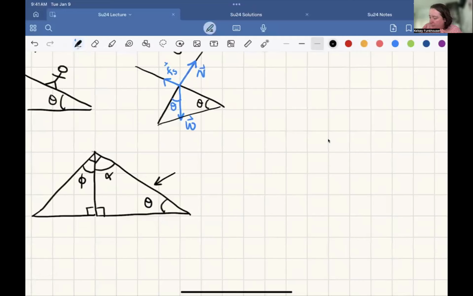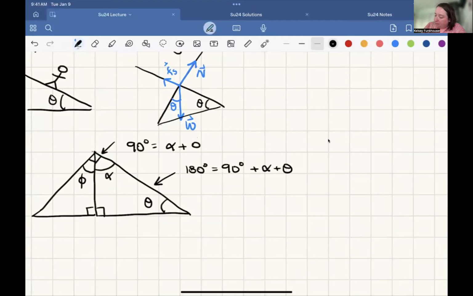So first of all, when you add up the angles in a triangle, it's 180 degrees. So 180 degrees equals the 90 from the corner plus alpha plus theta. Okay, and then we know that a right triangle, a corner, is 90 degrees. So 90 degrees equals alpha plus phi.